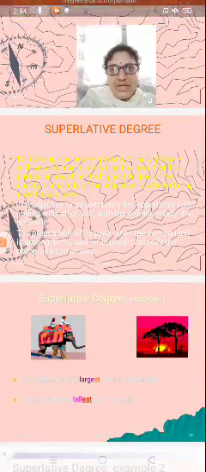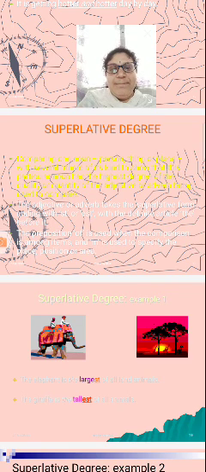Next, the third one is the superlative degree, comparing one noun, person, thing or place with several others of its kind to show that this particular noun has the highest degree of quality or quantity of the adjective or adverb being used to compare. The adjective or adverb takes the superlative form ending with st or est, with the definite article the before it.